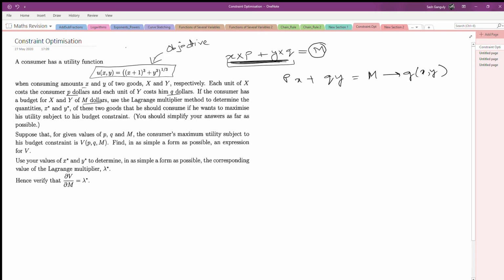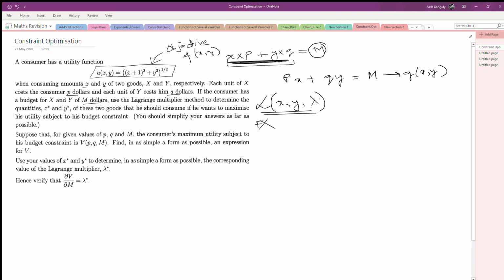And this u of x comma y is my objective function, and we call that f of x comma y. So that's fine. And in that case, the Lagrangian, so make sure you use this particular symbol, no other symbol like capital F or any other function. Just use this capital L for a Lagrangian, and in brackets it would be a function of x comma y comma lambda, right?